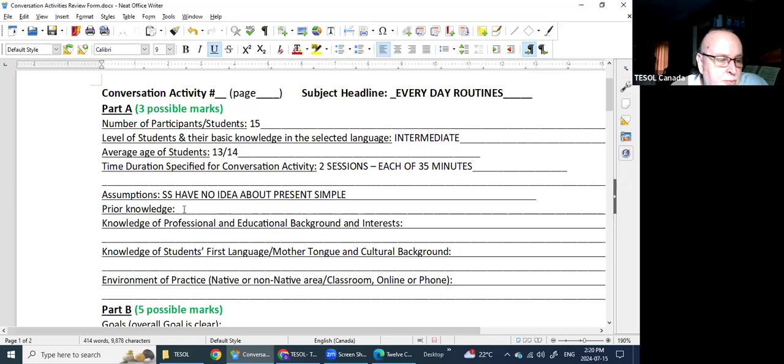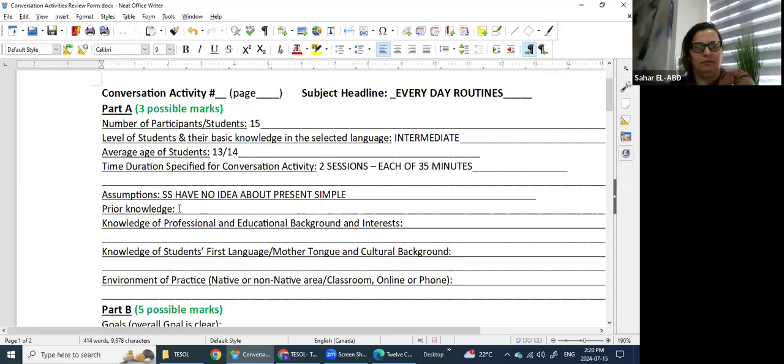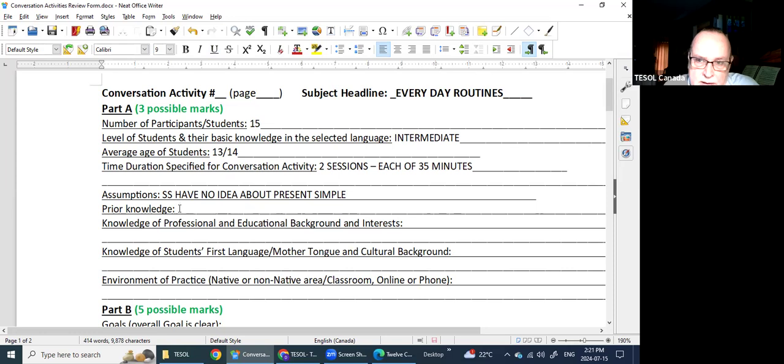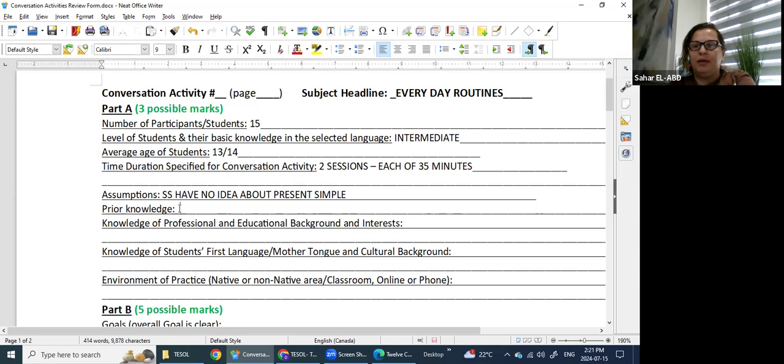Okay. What about prior knowledge? So if they're intermediate level, they will have been studying English for a few years. Conjugation of the verb to be. Or not conjugation of verb to be, like conjugation of the verb, any verb in the present simple.